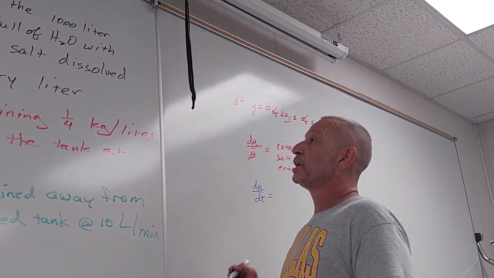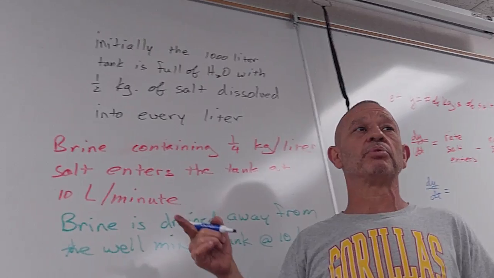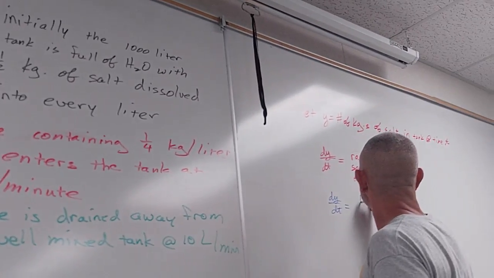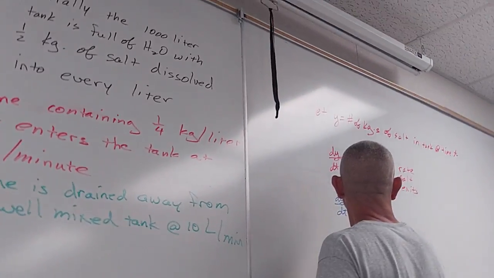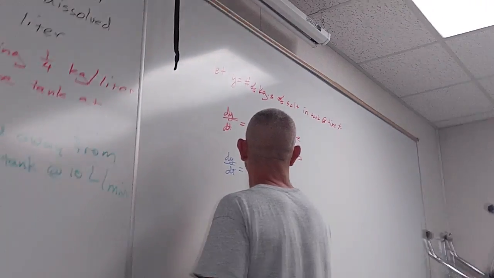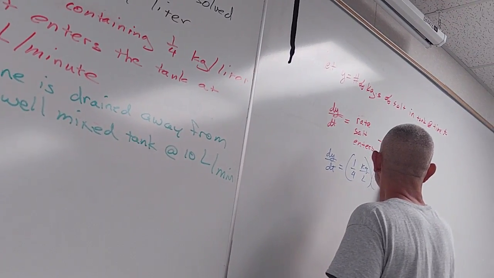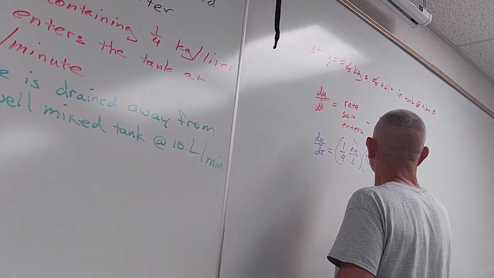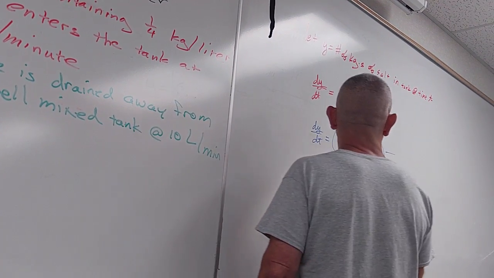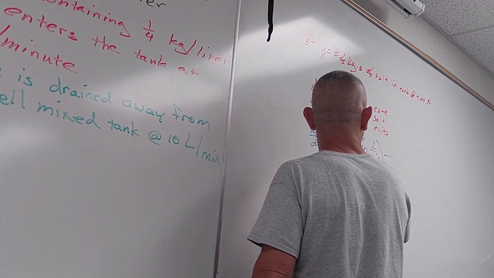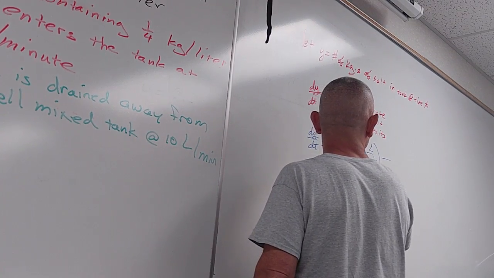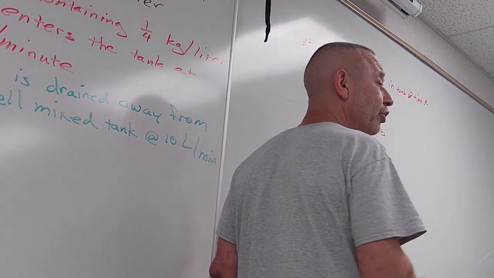It's entering at 1/4 kilogram per liter, but it's coming in at 10 liters per minute. So that's going to be 10 over 4, 5 halves, 2.5 kilograms per minute of salt added in.